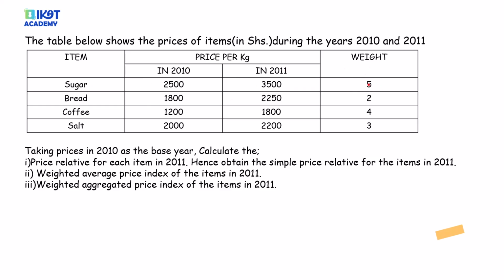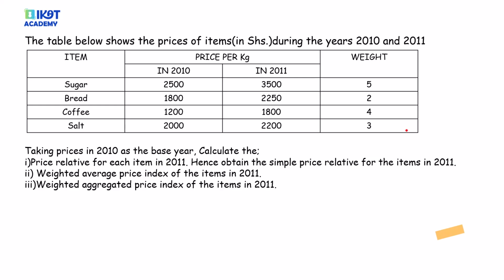I can show you how these weights are gotten, depending on the relative importance of these items. However, you're not required to determine them, they're always given to you. That's why I said you don't have to think about it, just use what has been given in the question. Now the question has said calculate the price relative for each item in 2011. Hence obtain the simple price relative for the items in 2011.